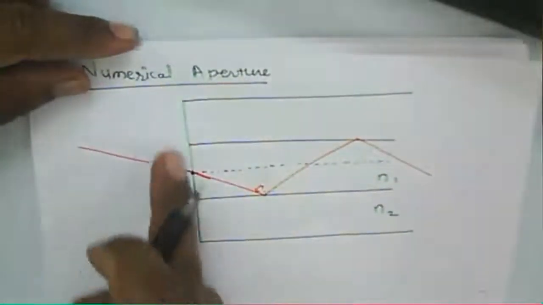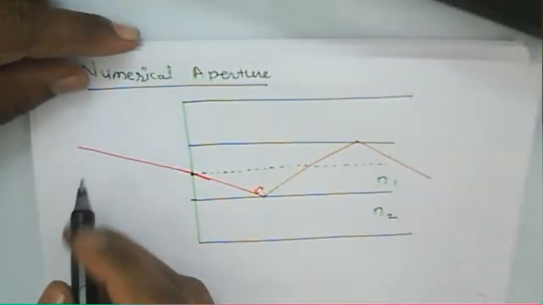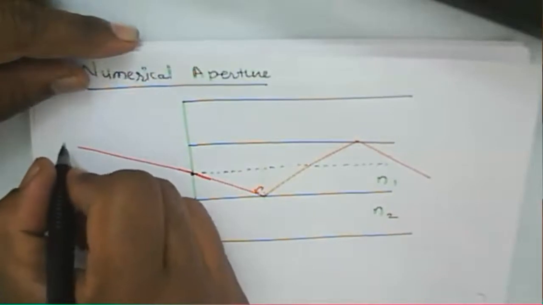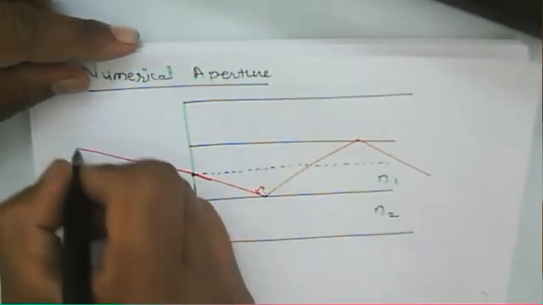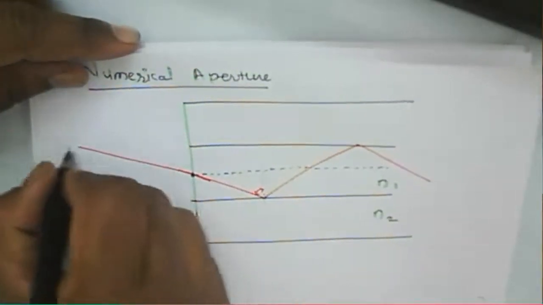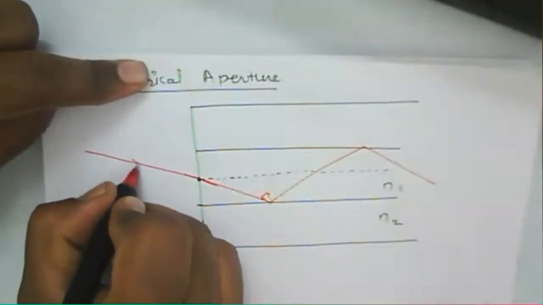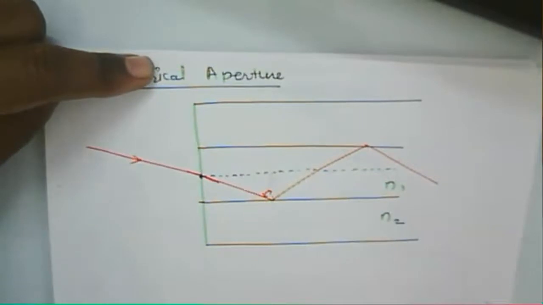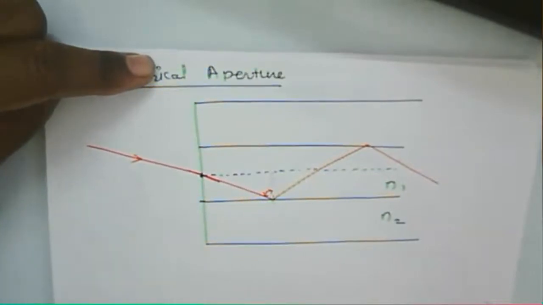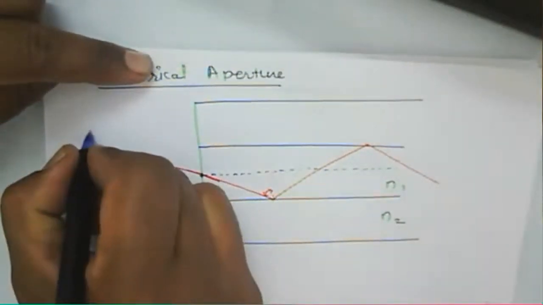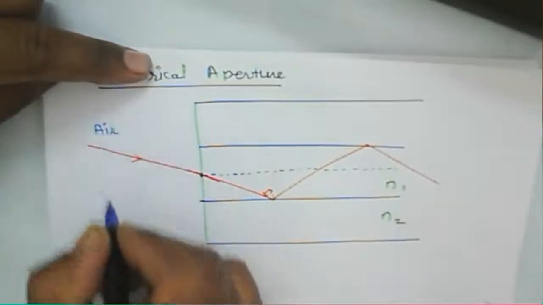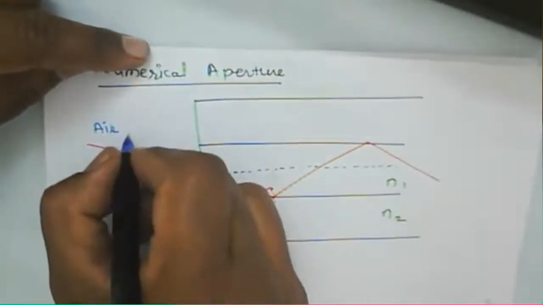But when light is launched, we have a source at this place, and the light rays coming from the source travel through some particular medium.